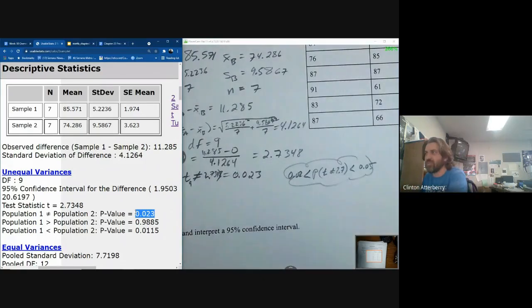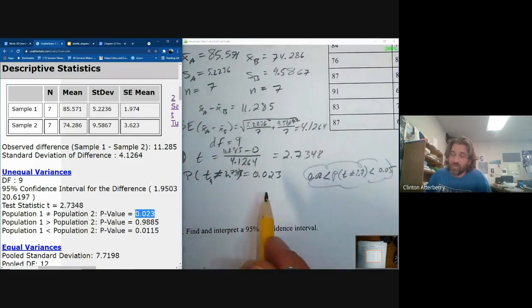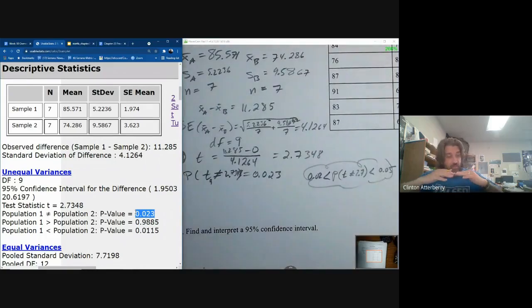Since we know it's between those numbers, we know for a fact now that it's less than 0.05, and we know from the calculator that it's 0.023. So it's less than 0.05. And that's our general marker, our general line, that if it crosses that 0.05, it's less than 0.05, then we make the conclusion that we can reject the null hypothesis.